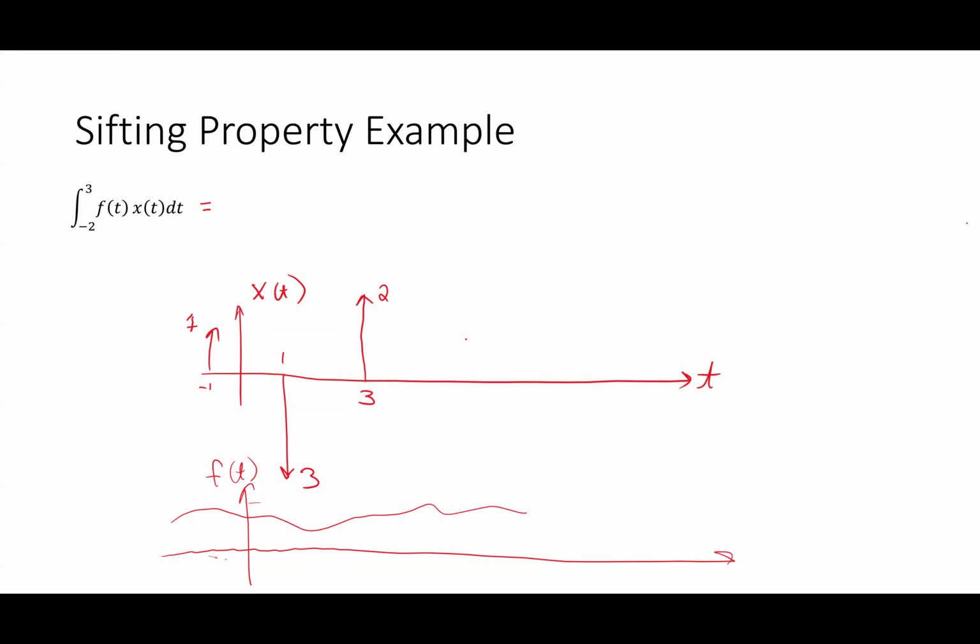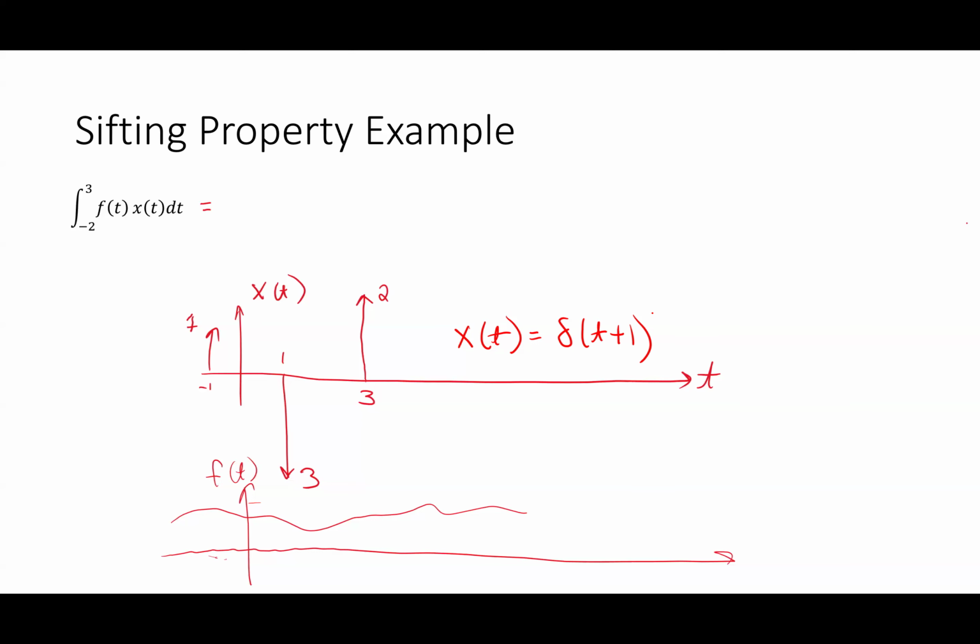Let's figure out what x of t is, first of all. What is the function that I've written here? I have a bunch of impulses. Let's go from left to right. There are 3 impulses. How would I express the one located at -1? Delta of t plus 1, because I shifted it to the left by 1. Then this one has a negative area of 3 at t equal to 1.